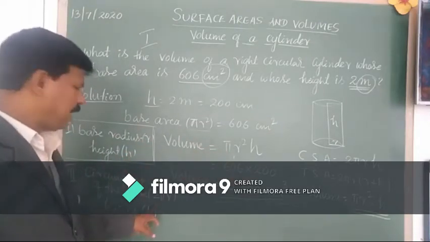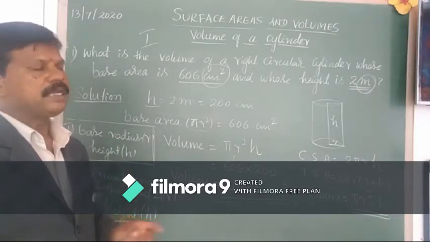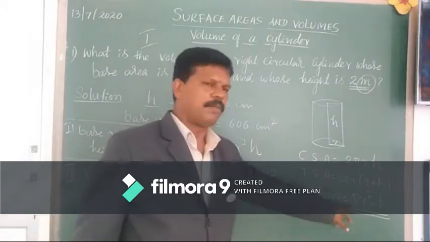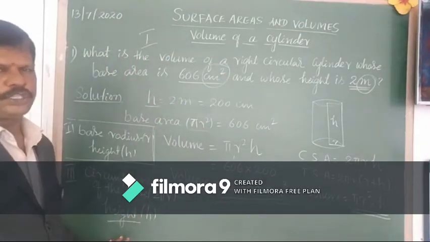When they give 2 pi r, first find the radius of the circular base and then use this formula. Clear? So these are the types of questions. I will solve two more.